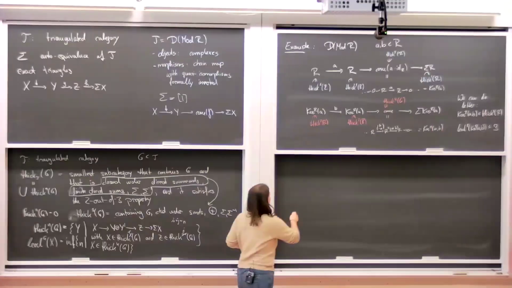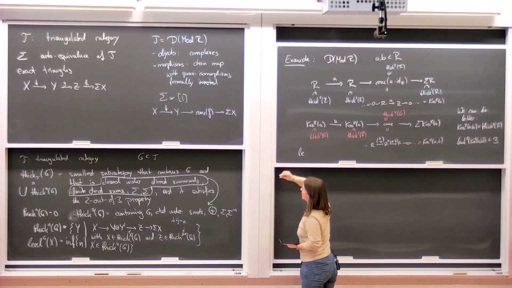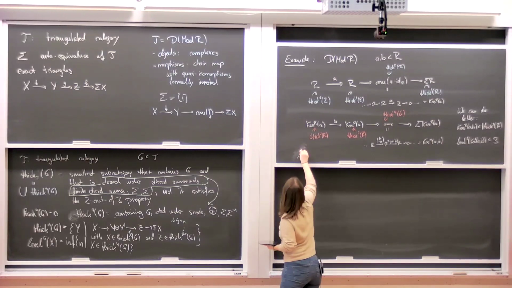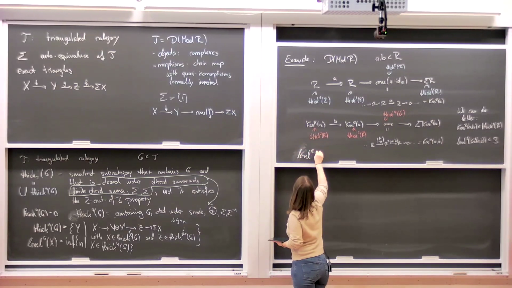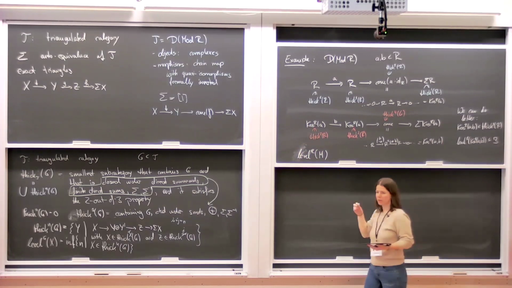So actually, wait, let me mention one thing. The point why I made the motivation at the beginning, the level with respect to R of a module is precisely the projective dimension plus 1.